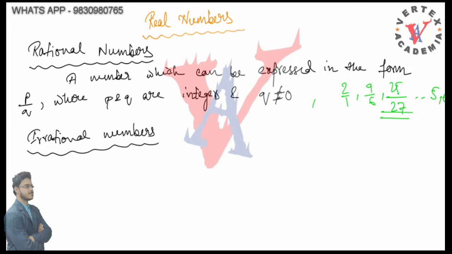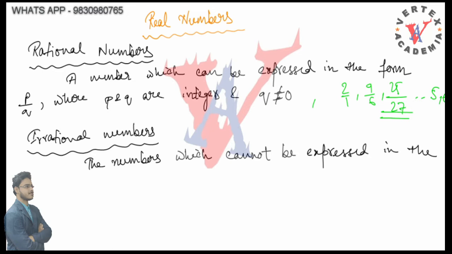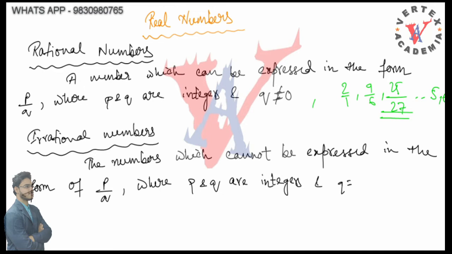And talking about irrationals, the numbers which cannot be, it's quite obvious. If a real number is irrational, then obviously it cannot be expressed in the form of p by q, where p and q are integers and q not equal to 0.